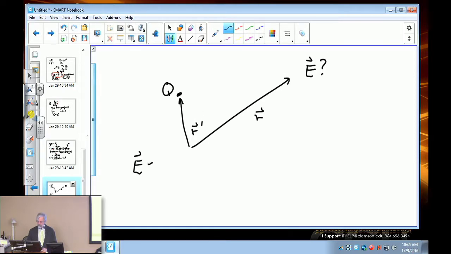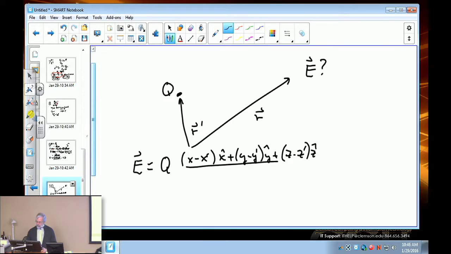The electric field then is just Q in Cartesian form. You need to remember this, and then it's all over the sum of the squares of the differences of these components.